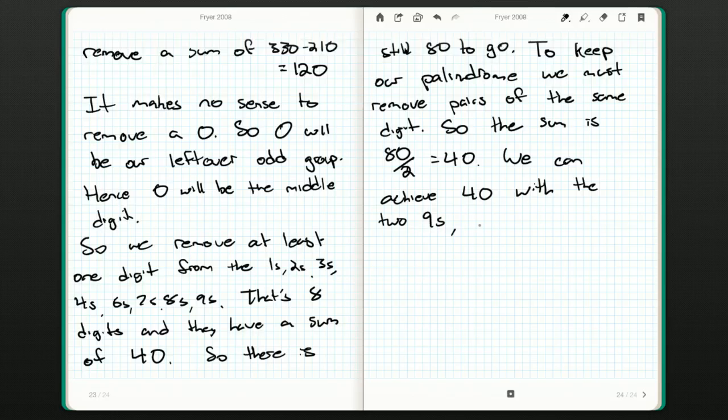So 40 minus 18. Then we could get 2 8s. So that'd be 40 minus 34. And 1 6.